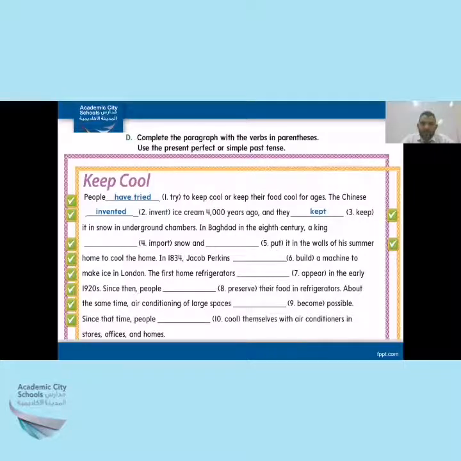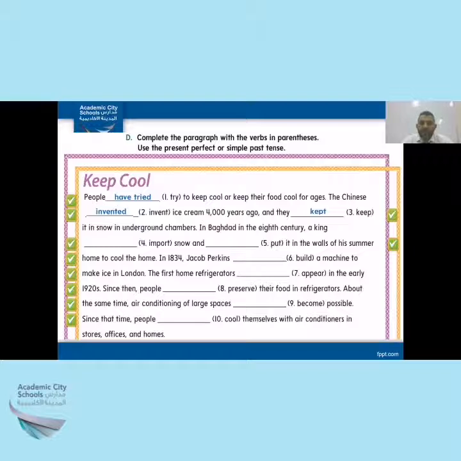Number 4. In Baghdad, in the 8th century, a king space import snow and space it in the walls of his summer home to cool the home. Here we have in Baghdad in the 8th century.